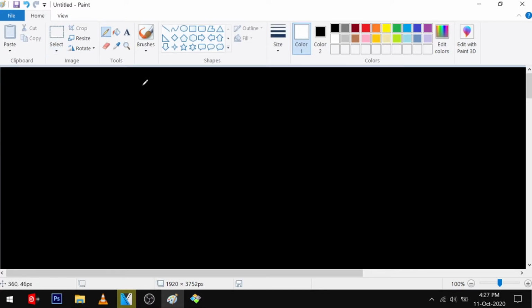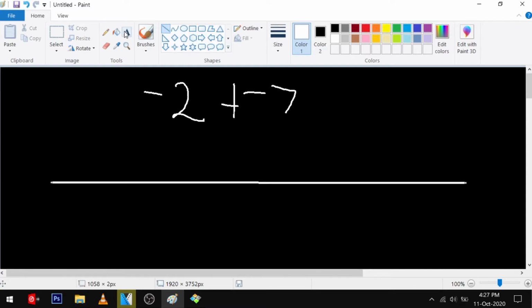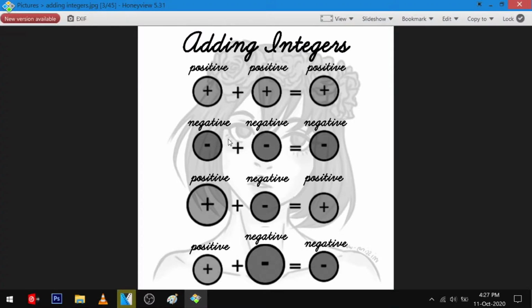We are going to add negative 2 plus negative 7. So again, I'm going to use a number line for you to understand this clearly, all right, to visualize it. And remember the rule. The rule is negative plus negative equals a negative answer.